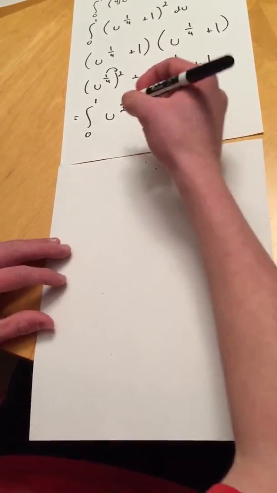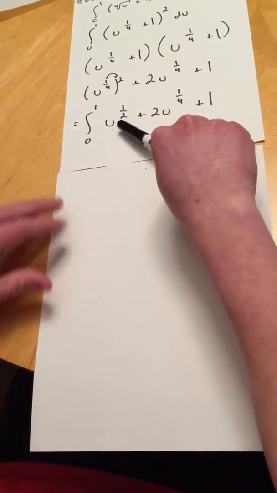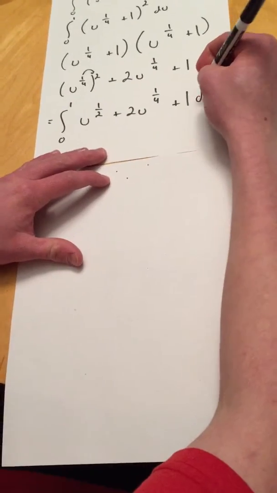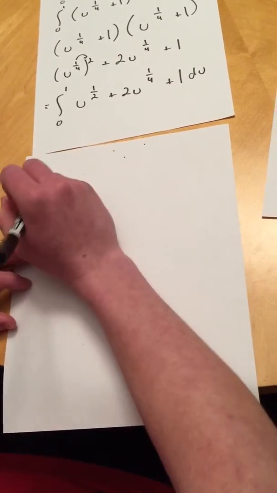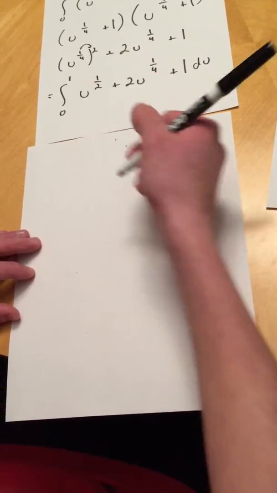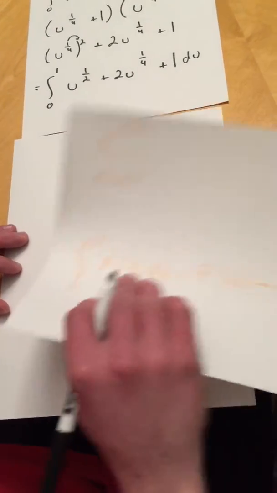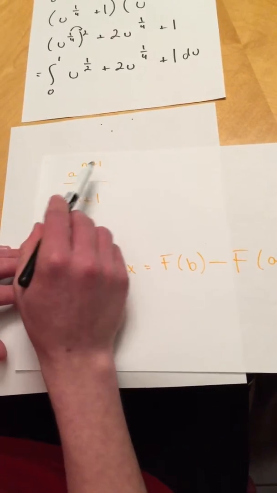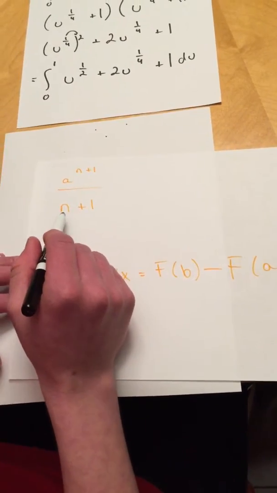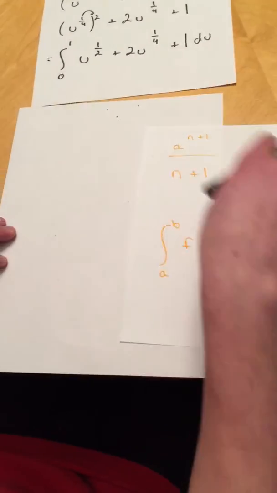So now we have to find the antiderivative of all the parts of this function. In doing that, I gave you the equation: any number raised to a power, plus 1, divided by that power plus 1. So we do that here.